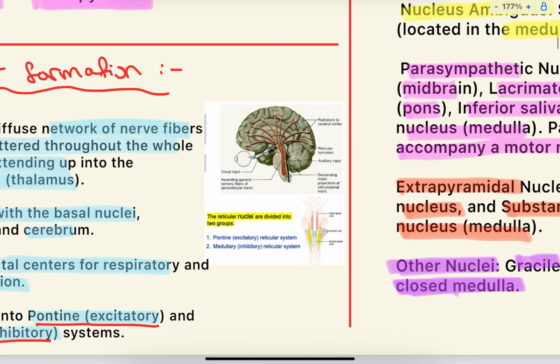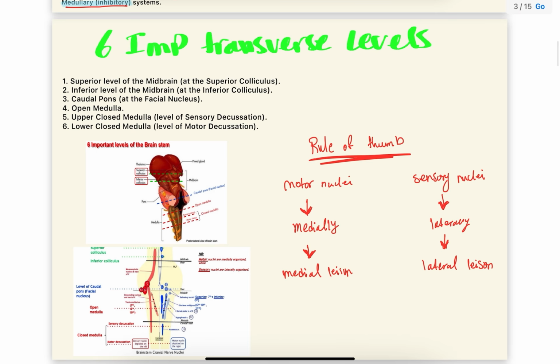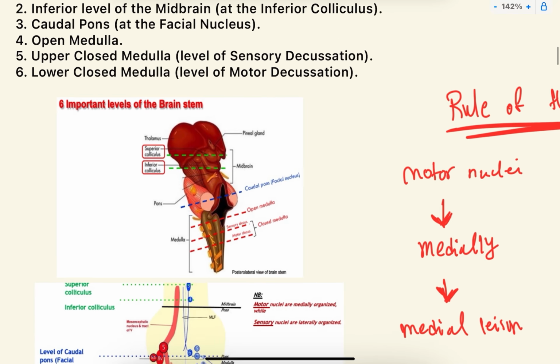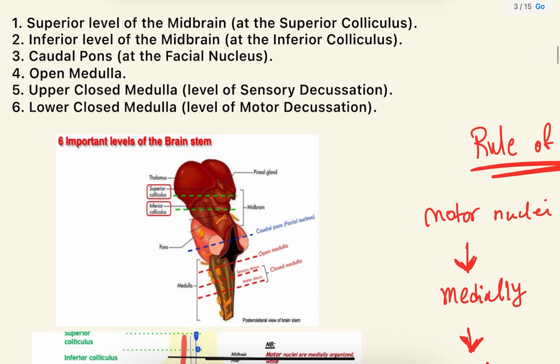Now, let's talk about the 6 important transverse levels. The first one is the superior level of the midbrain, at the level of the superior colliculus, then the inferior level of the midbrain at the level of the inferior colliculus. Then the caudal pons, or the inferior pons, which is at the level of the facial nucleus.